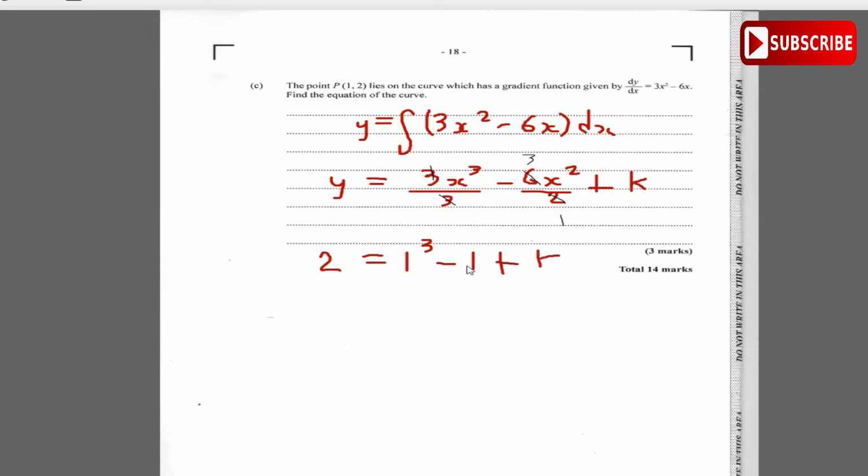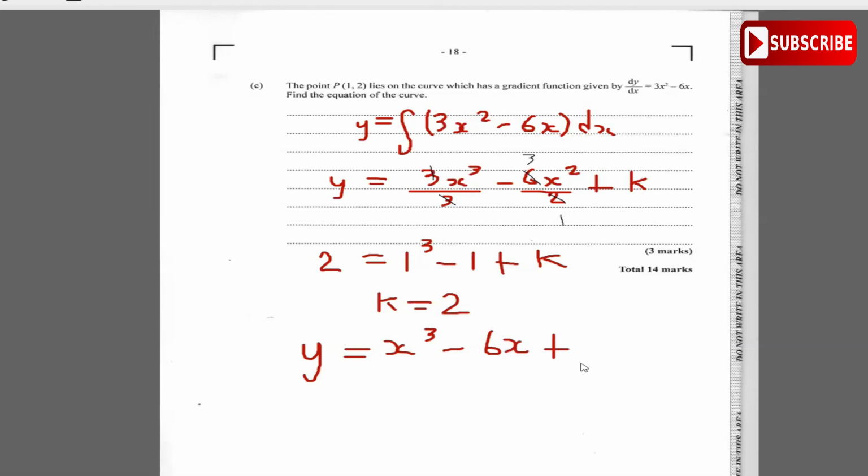Now 1 cubed minus 1 is 0, and so k equals 2. If k is equal to 2, then the curve is y equal to x cubed minus 6x plus 2.